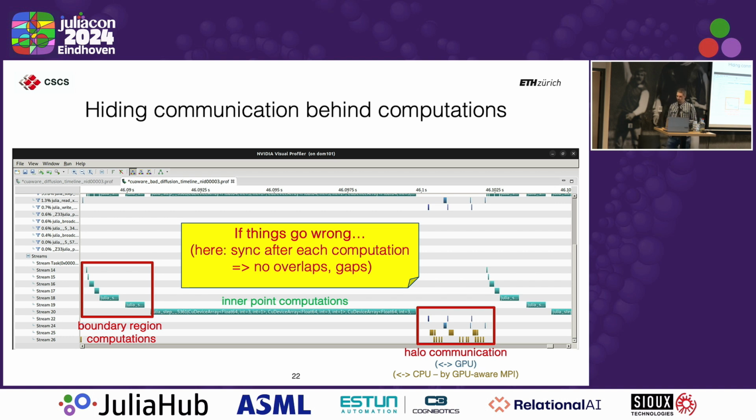So if things go wrong, if you, for example, here put a synchronization after each call, then you will have these gaps here and nothing overlaps.